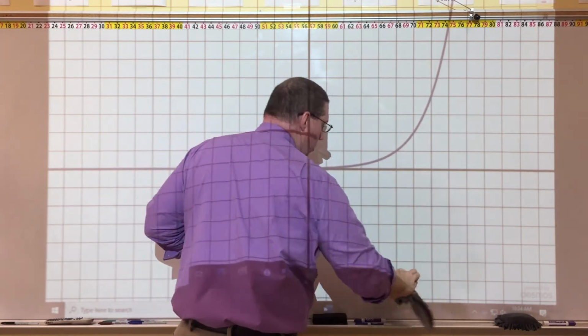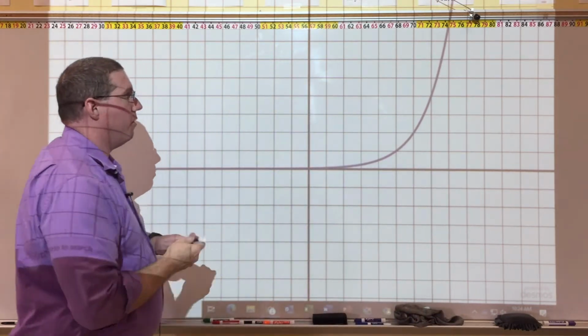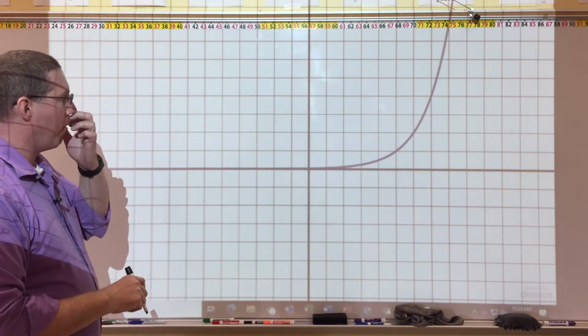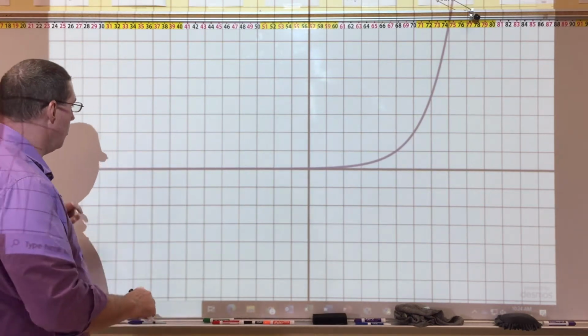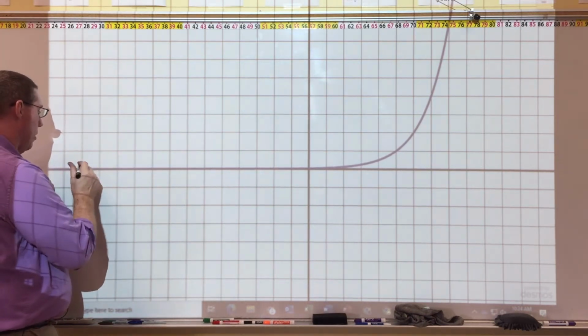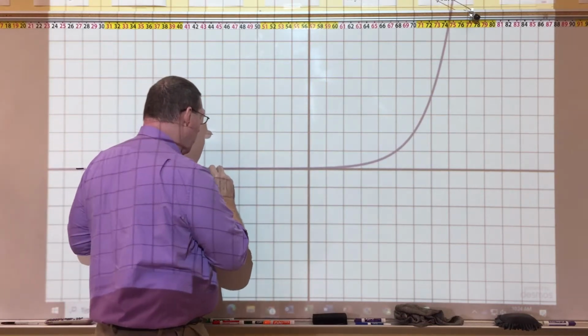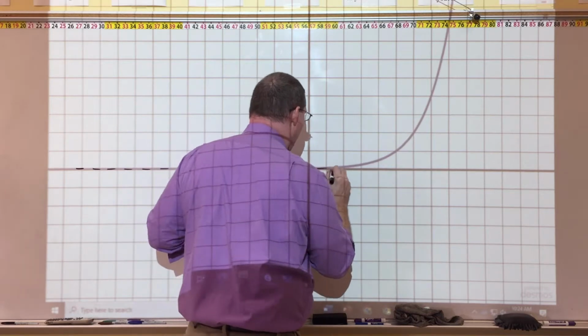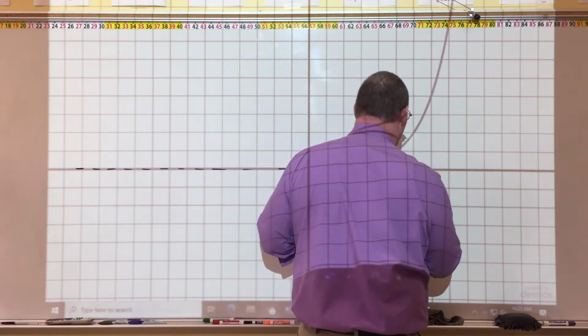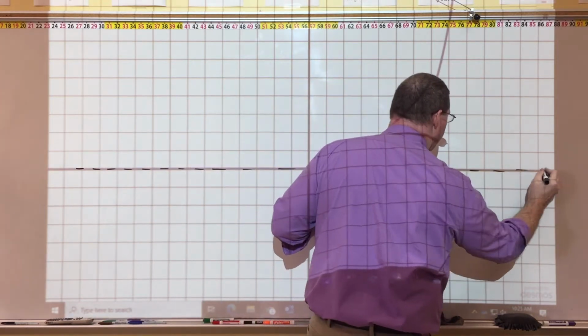All right, so here's what we're going to do. First thing we always do on any of these problems when we're trying to identify the graph is draw in the asymptote. So here's the flat part right here. That's where the asymptote is. We're going to draw in the asymptote. Even though with a horizontal shift we're not going to have a shift of the asymptote, we're still going to draw it in.